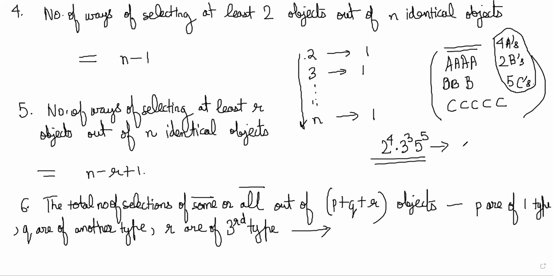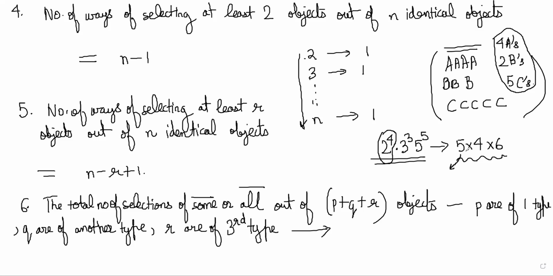Why? Because you're doing 5 into 4 into 6. So what are you really doing? You are saying select zero or more twos, right?